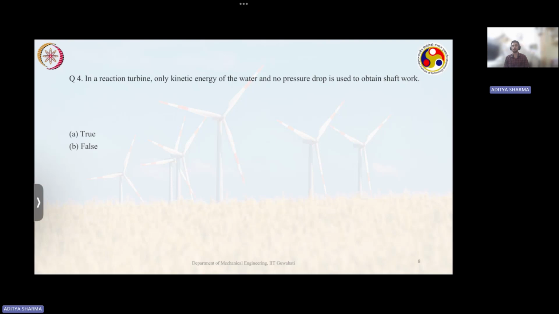So this is a true or false type of question. Question number 4 says that in a reaction turbine only kinetic energy of the water and no pressure drop is used to obtain shaft work. Whether this is a correct statement or not.